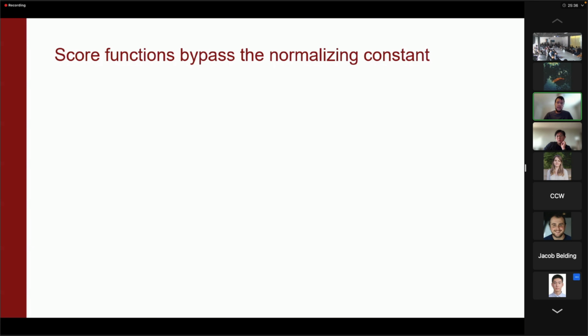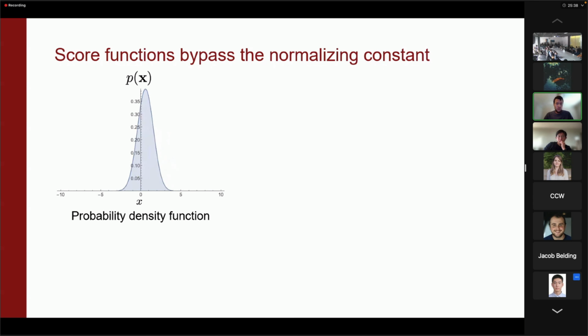So what do I mean by that? Well, if you try to model a probability density function, you're trying to think about a family of functions that are normalized. You can change the shape, but you need to make sure that the area under the curve is 1. So no matter how you choose the parameters, it has to be a valid probability density function.